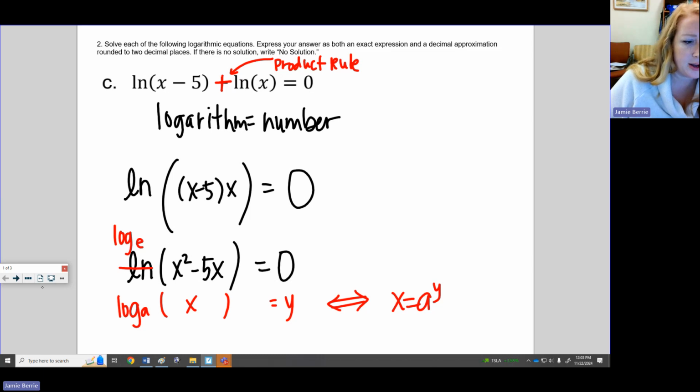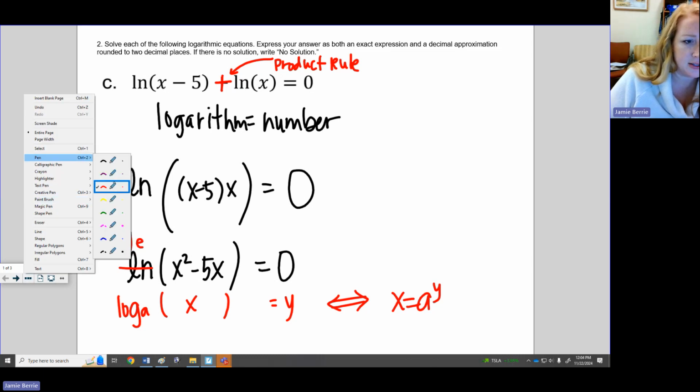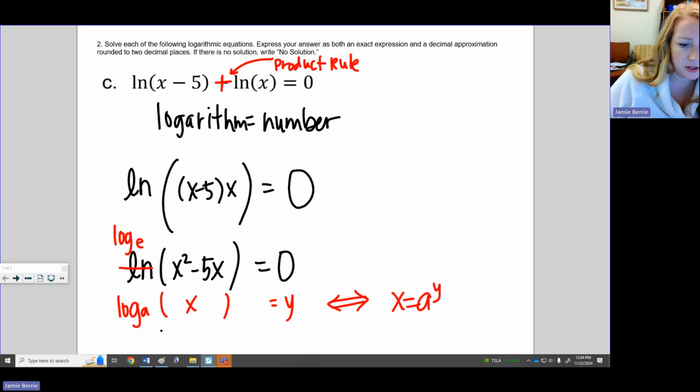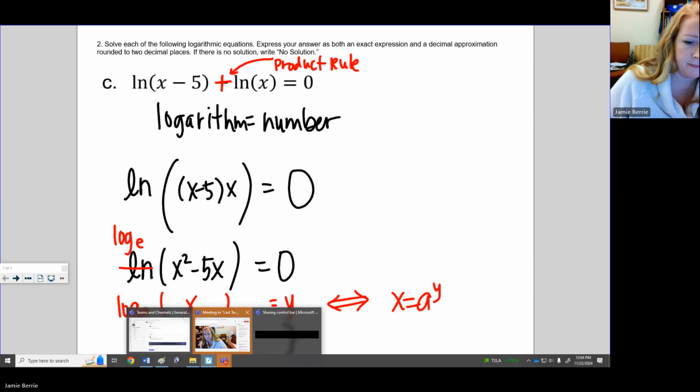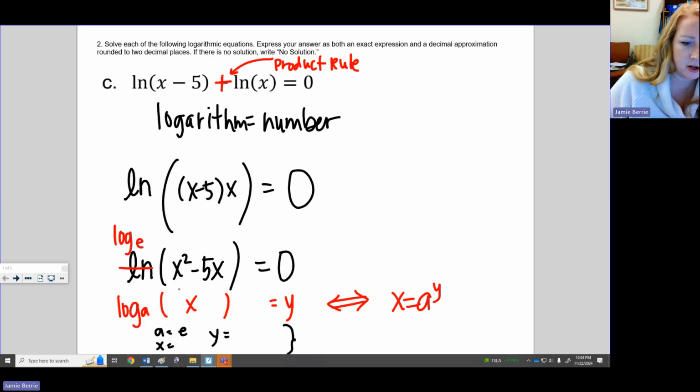Okay, so now we're just going to go down here and identify what is a, what is x, what is y. Then we're going to plug those in to exponential form. So the base a is e, the argument x is x squared minus 5x, and y is 0.